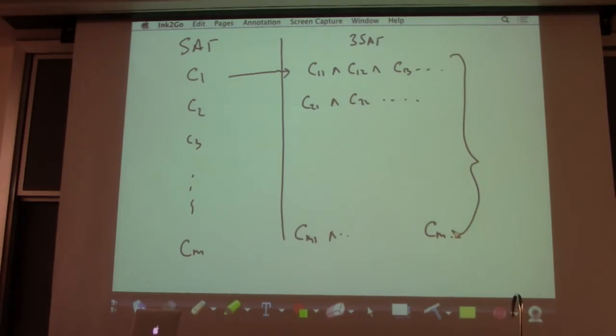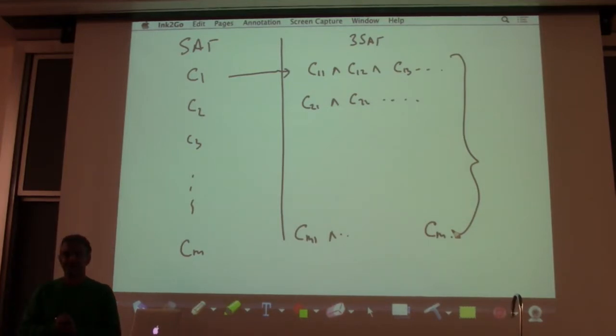That's very important, because the whole thing has to run in polynomial time. Does it all make sense? So I've taken my instance, modified it to make another instance, done this if and only if argument, and verified this runs in polynomial time. That completes my reduction. This shows that 3SAT is also NP-hard.